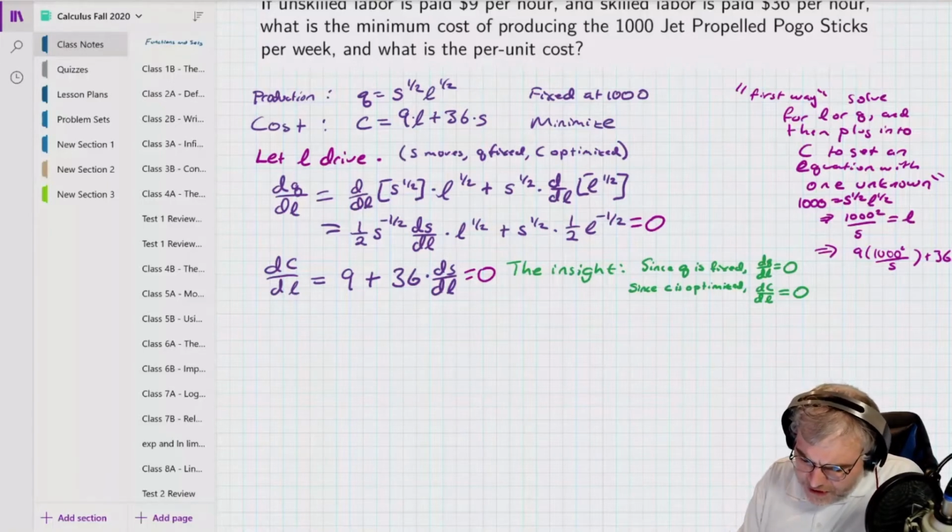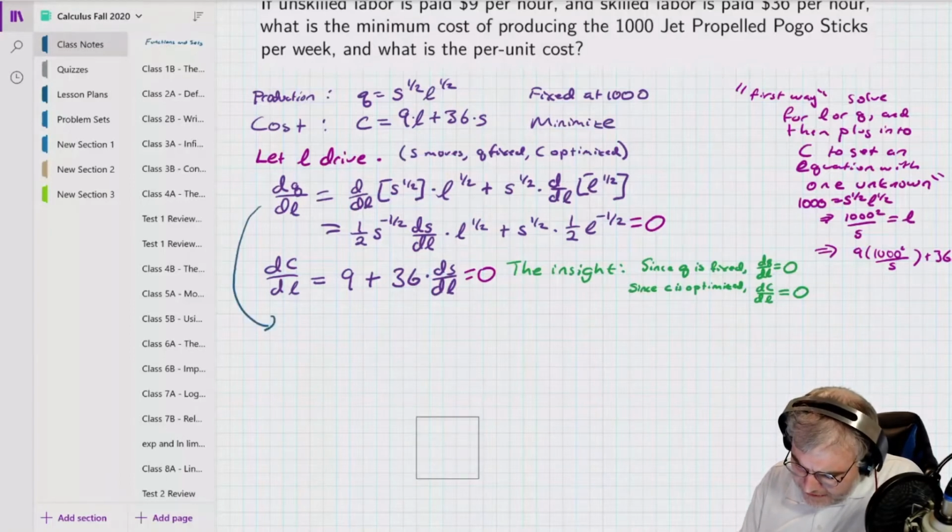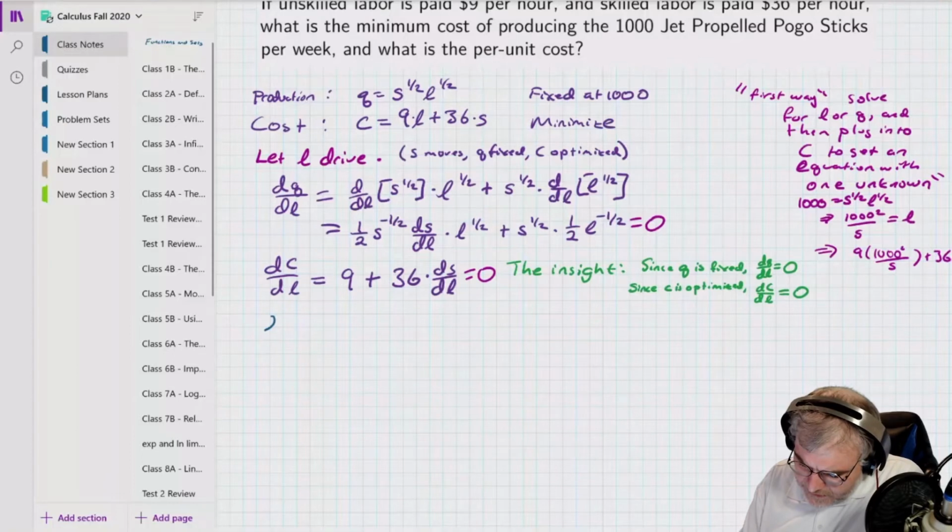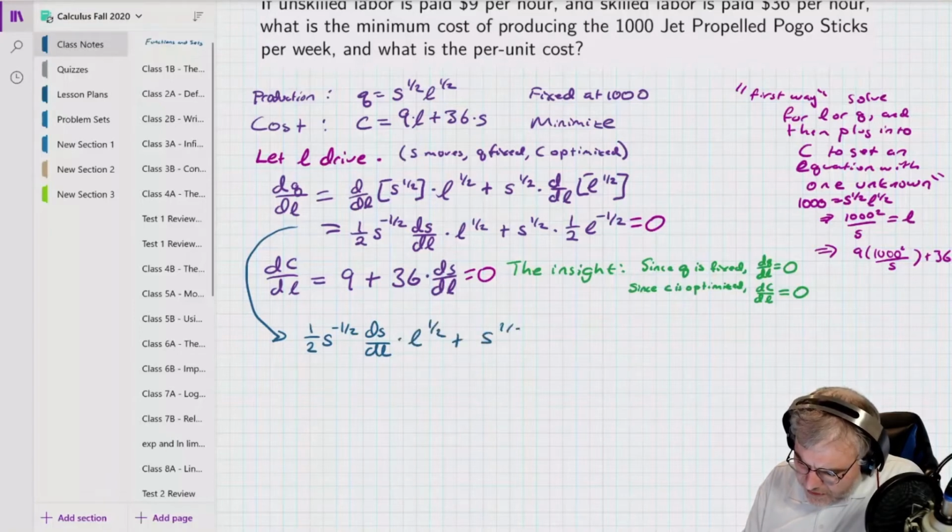From this equation here, I get the following: 1/2 S to the negative 1/2 dS over dL times L to the 1/2 plus S to the 1/2 times 1/2 L to the negative 1/2 equals 0.